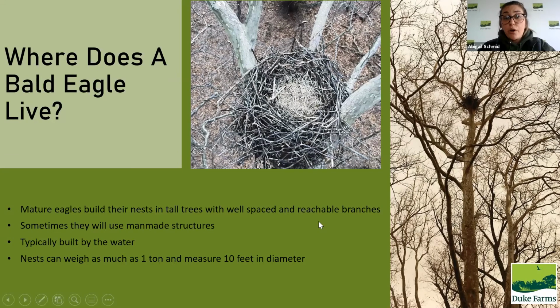Those reachable branches are important for what happens at 9 to 10 weeks old. Remember, we were talking about branching. It's important for those nestlings to have that space to get ready to fledge and to fly for the first time.